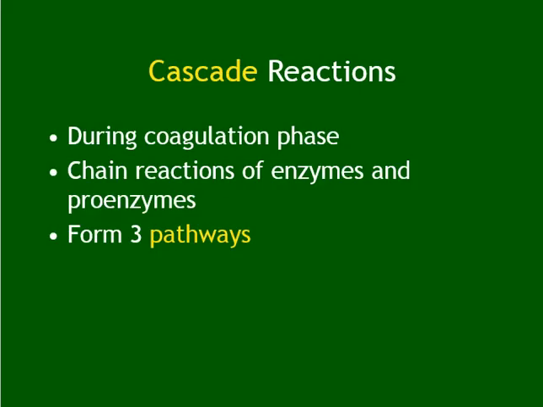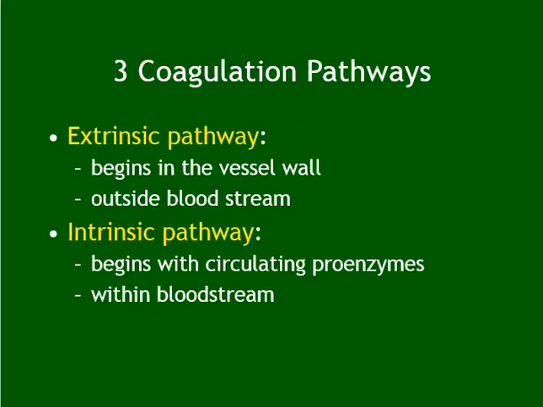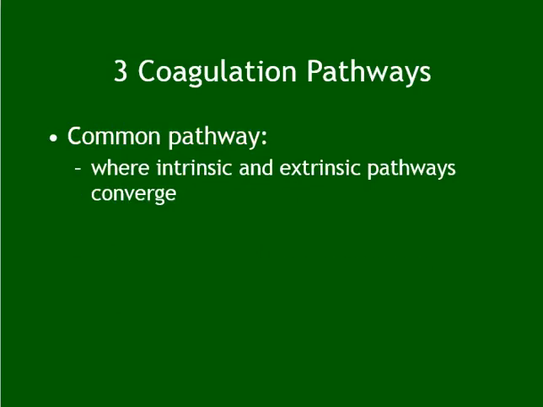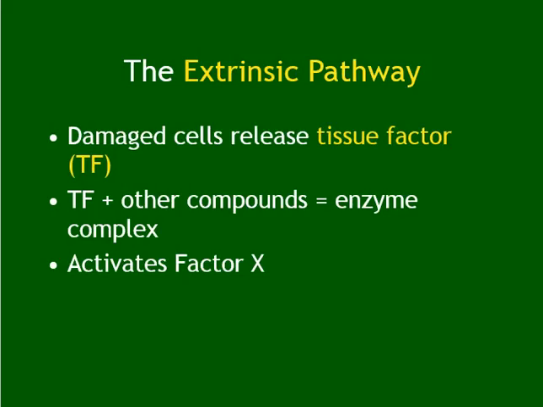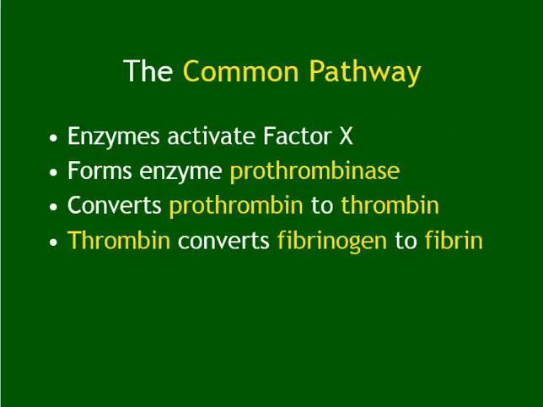The cascade. I mentioned that you need to know, generally speaking, extrinsic: how does it start? And it will end at factor 10. Intrinsic, how does it start? It will also end at factor 10. And then the common pathway. The common pathway is very important.